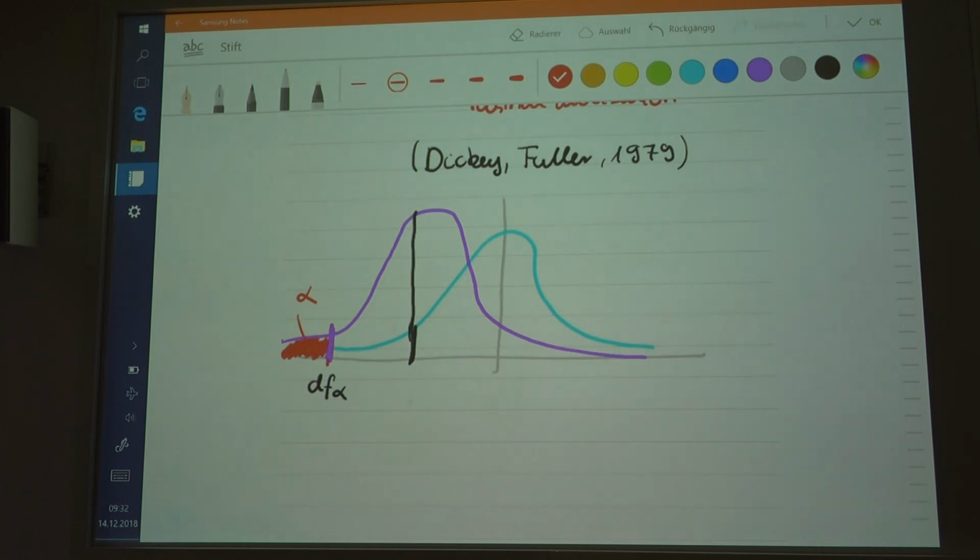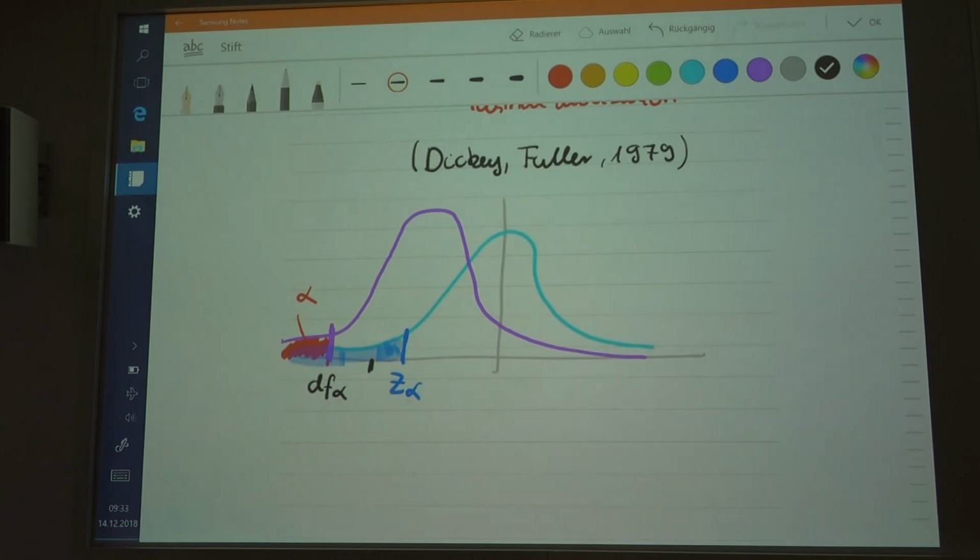Now, if you use the normal distribution instead, with a critical value more to the right, the alpha quantile of the standard normal distribution, the area here is of course also equal to alpha, but you're going to reject the null hypothesis way too often. You reject it if you have a test statistic here, but you're not supposed to, because you're supposed to reject only if it's less than the alpha quantile of the Dickey-Fuller distribution.